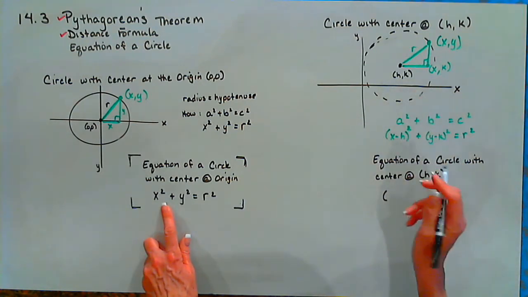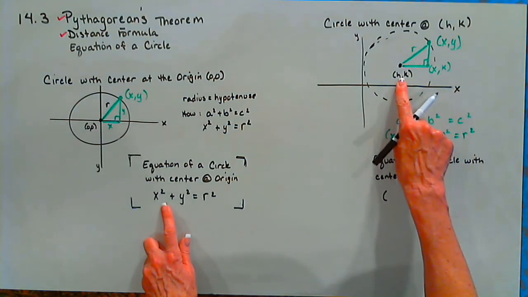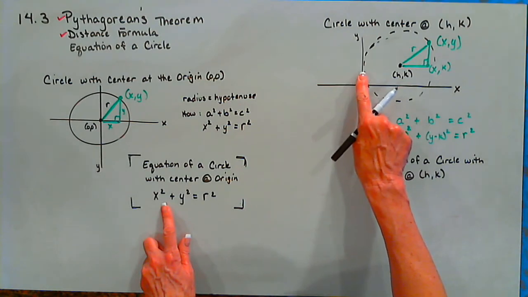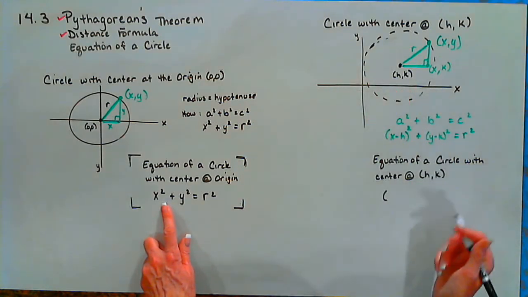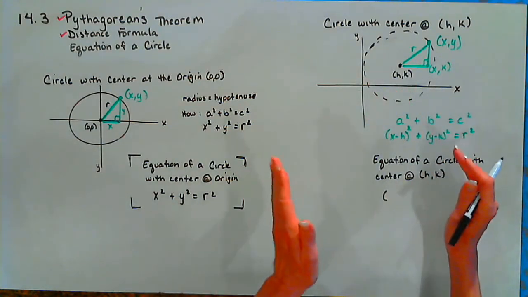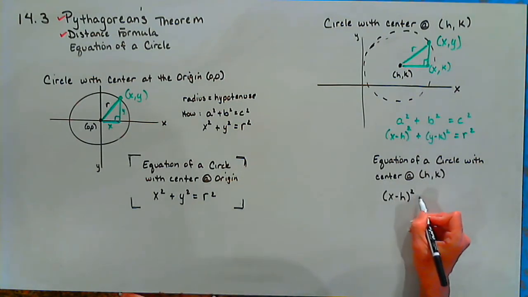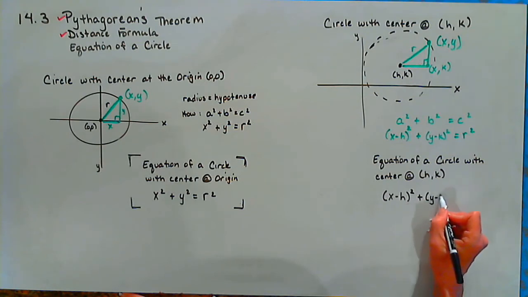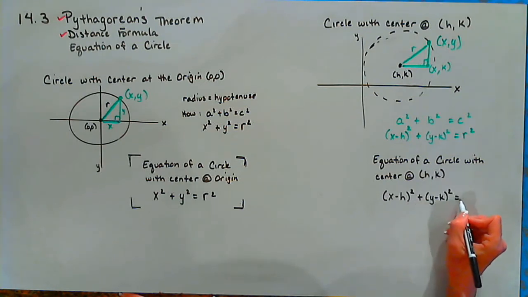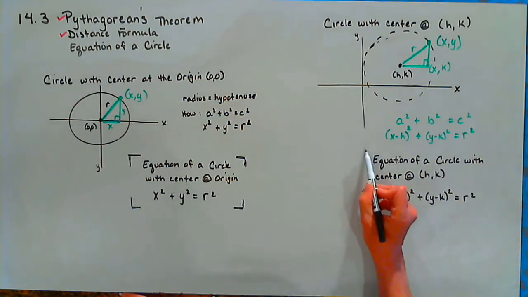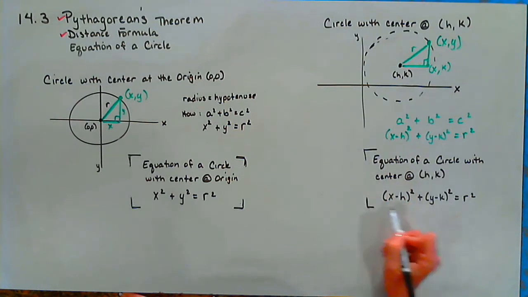Notice that if I started here and subtracted h, I'd be right back to 0. If I subtract k, I'd be right back to 0. So it's just a translation. x minus h squared plus y minus k squared equals our radius squared.